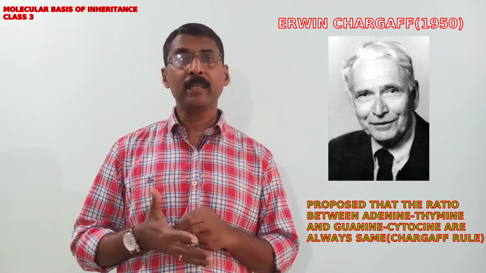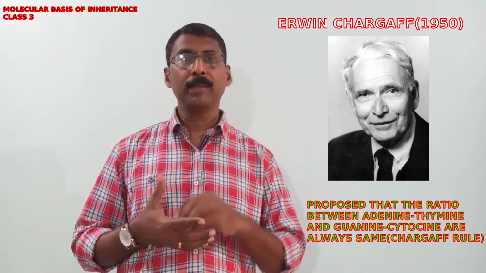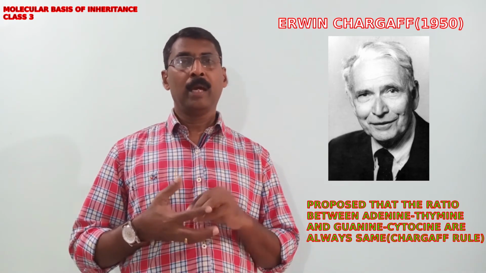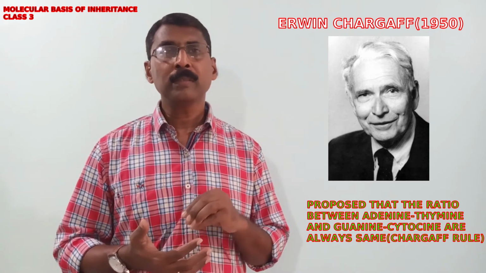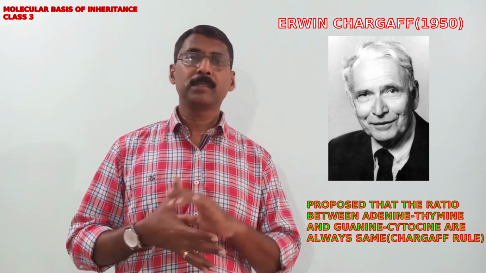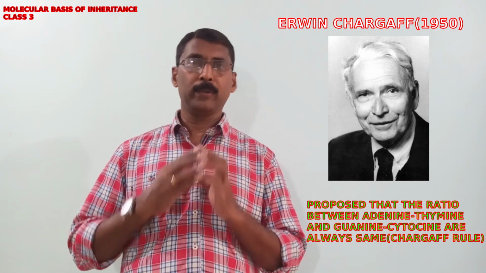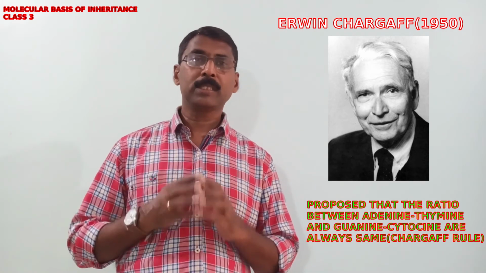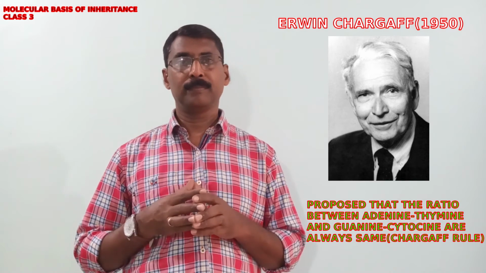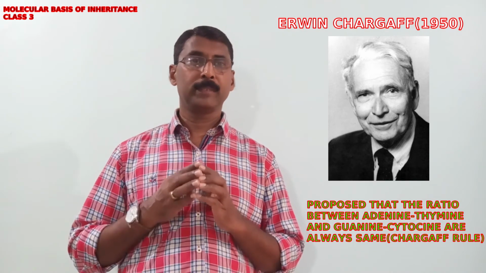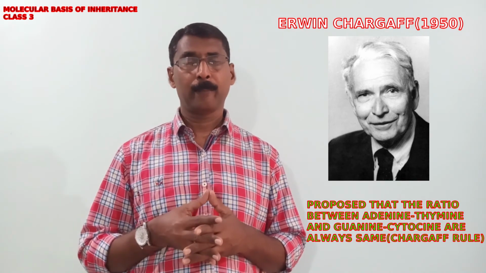The number of adenine will be equal to number of thymine and the number of guanine would be equal to number of cytosine in any DNA molecule. And this is called the Chargaff's rule. That was in 1950.